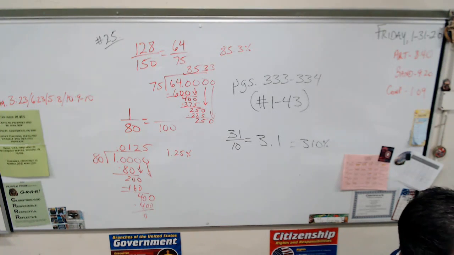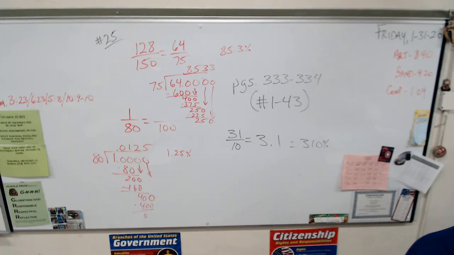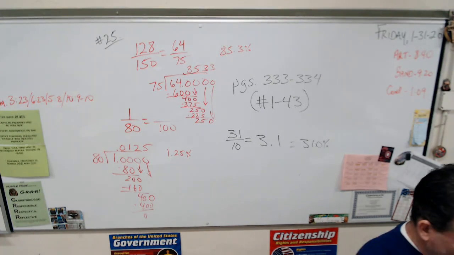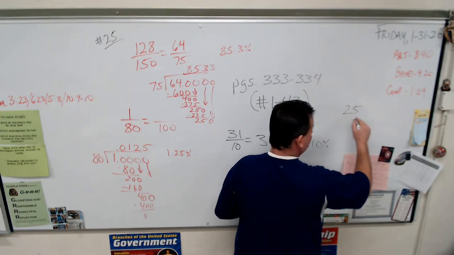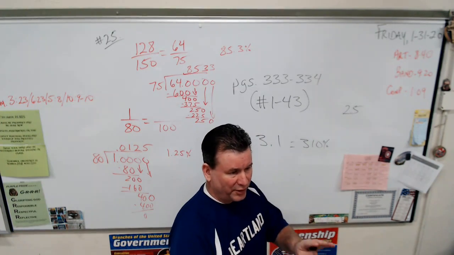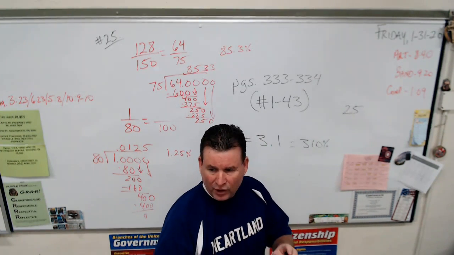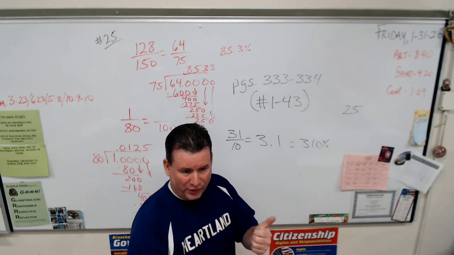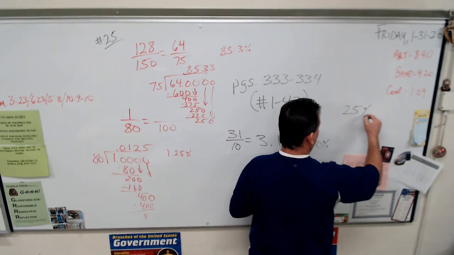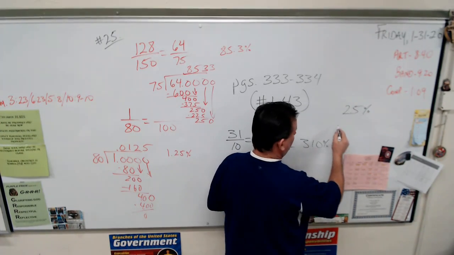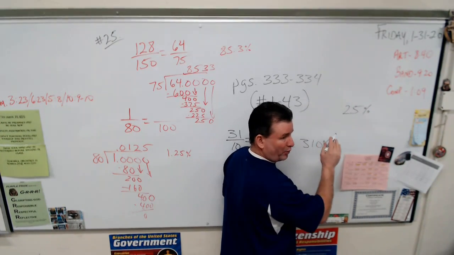Now wait, I don't want you to just know the rule, Elise. I want you to use math sense. It's good to always go back to a default one that you know. 25%, right? That's usually one that you memorize pretty quick. That 25% is the same as 0.25.